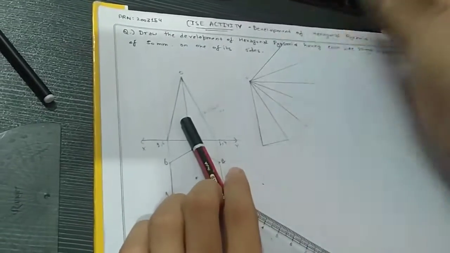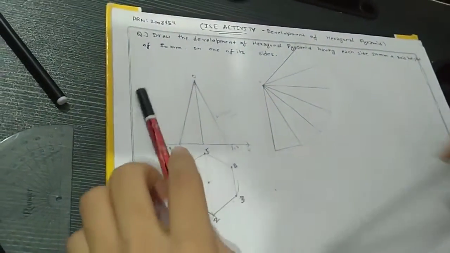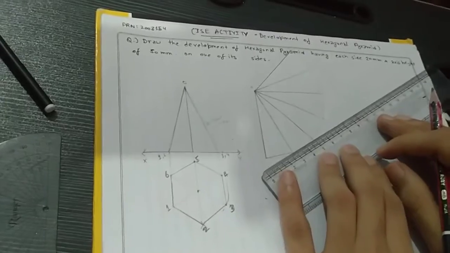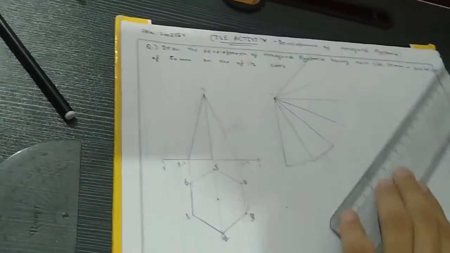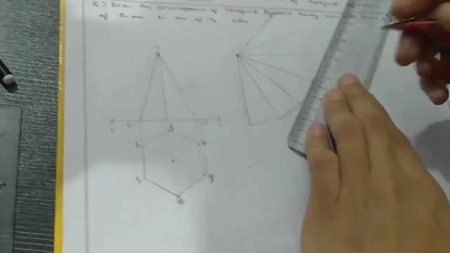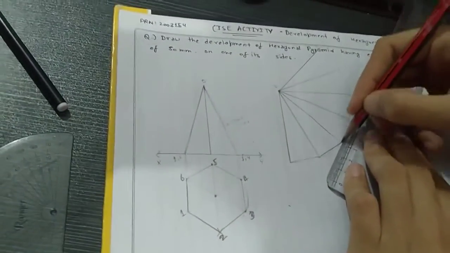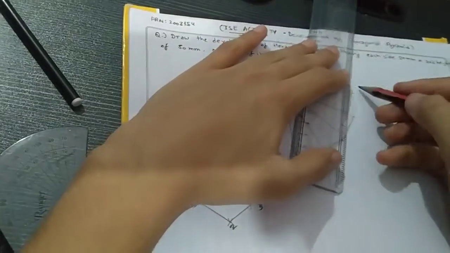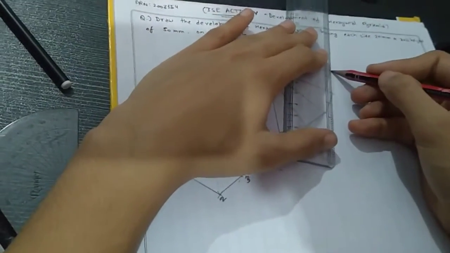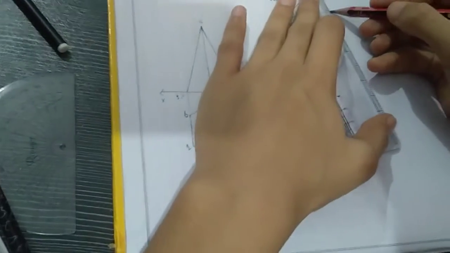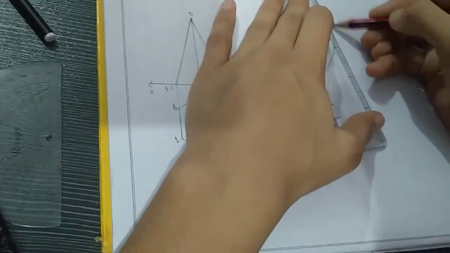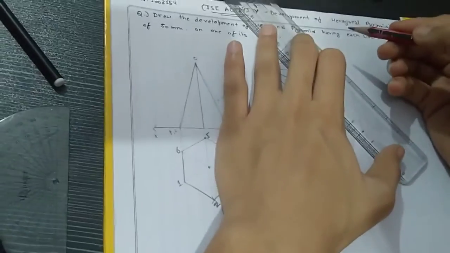Now I'm going to mark only the straight lines dark and others will be light. So this is for the second, this is for the third, and this goes for the fourth part, and for the fifth, and now for the sixth part.